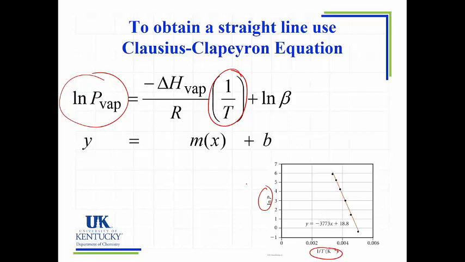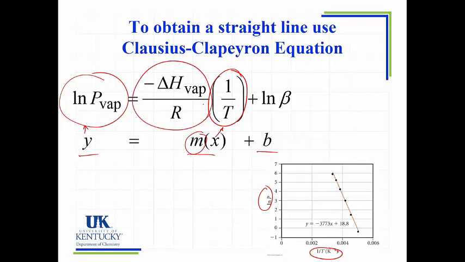Okay, that's what is the x correspondence, and the y correspondence is the natural log of vapor pressure, which we're seeing plotted there. So we have this in what is called the slope-intercept form of a line, y equals mx plus b. So we've related the y to the natural log of the vapor pressure, we've related x to 1 over T, and now we can see what the slope would be. The m is the slope, okay, and all of this would be the slope.